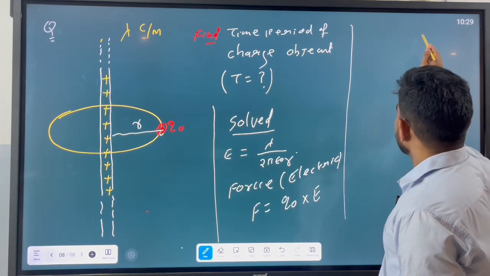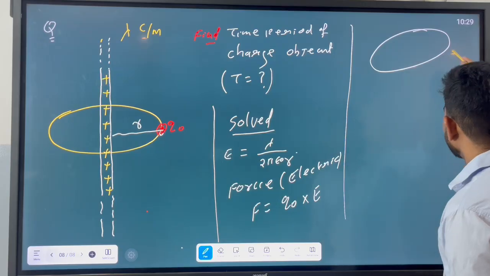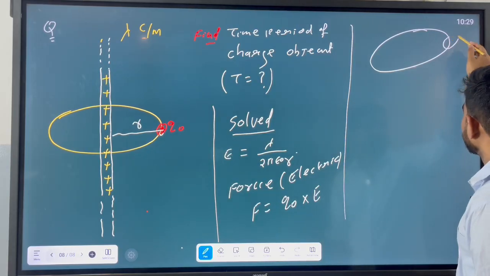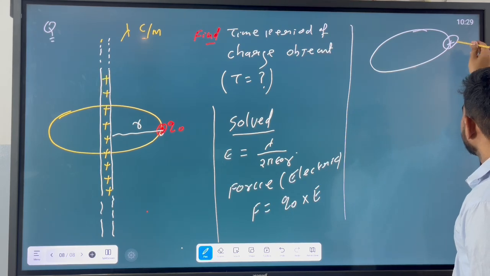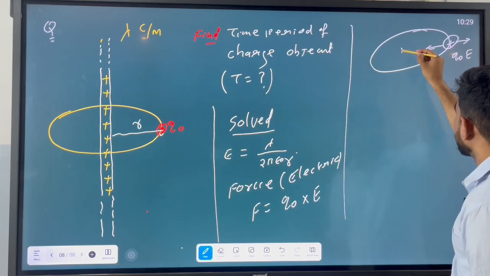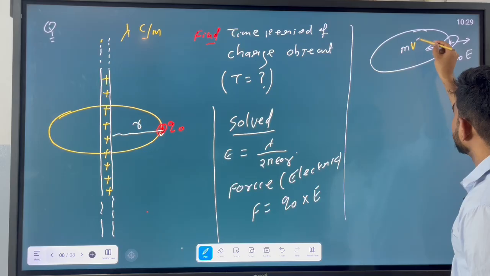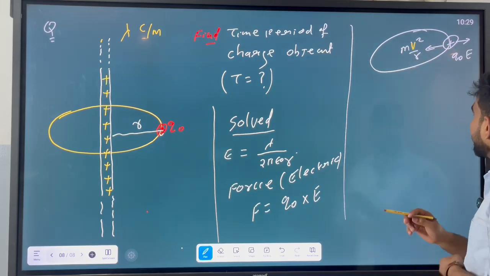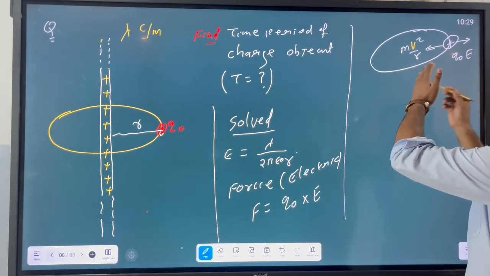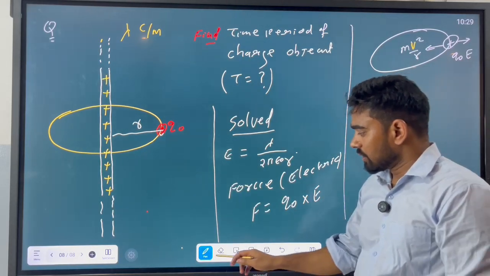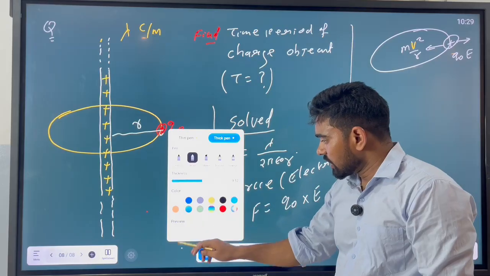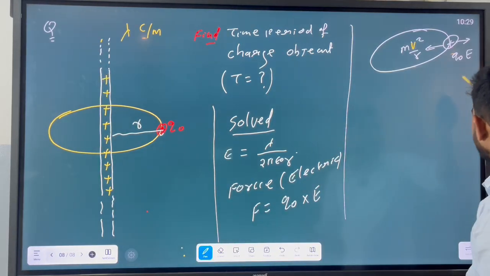And for the circular motion, centripetal force acts. This is a positive charge ball, and along this direction acts q naught E, the electric force, and along this direction the centripetal force m v square divided by r. For the circular motion, both forces are equal: the centripetal force is balanced by the electric force.